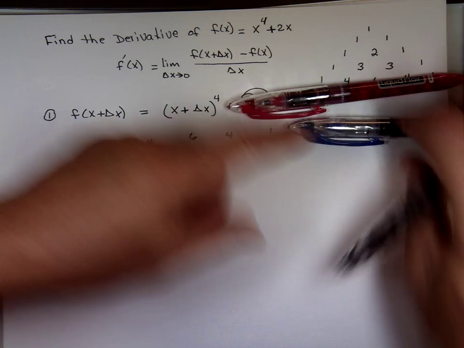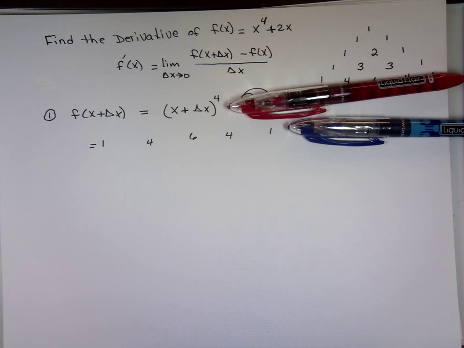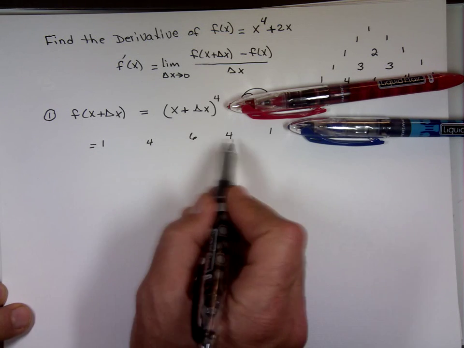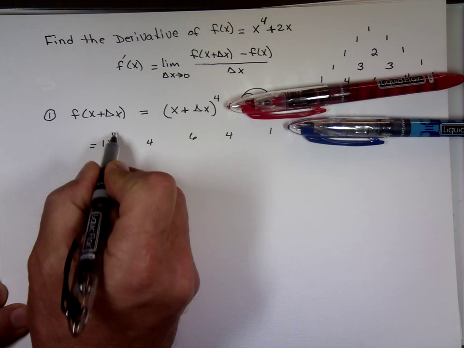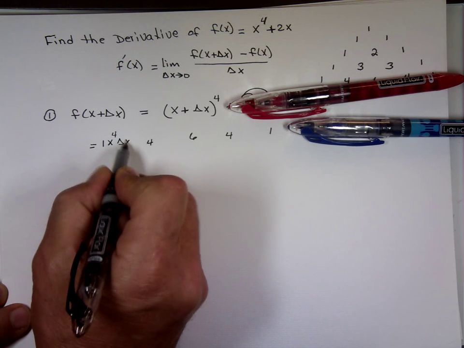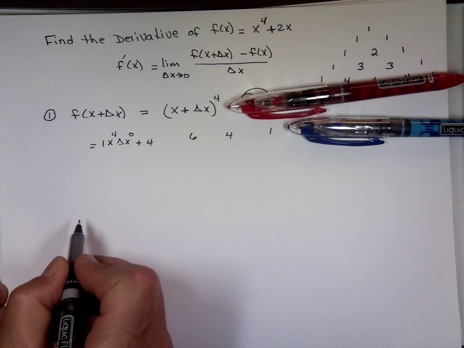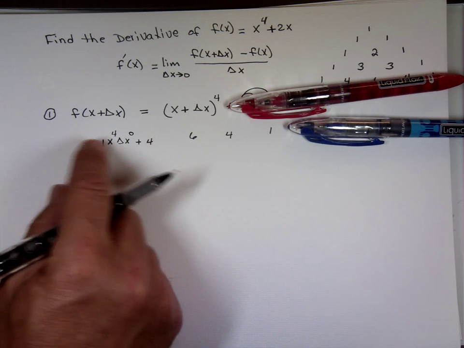I want to find the answer to this one: x plus delta x to the 4th. Pascal's triangle says use these numbers: 1, 4, 6, 4, 1. What does that mean? Start with x to what power? 4. Delta x to what power? 0. Plus. Each time after that, what do you want to do? Subtract 1 from this power, add 1 to that power.